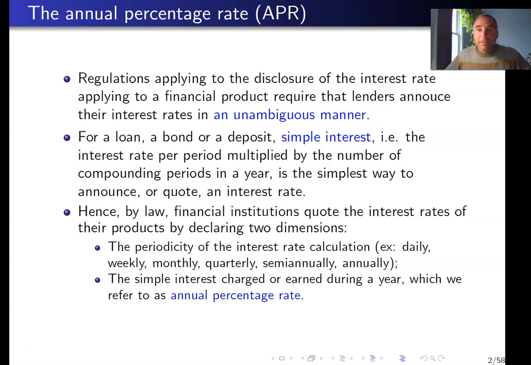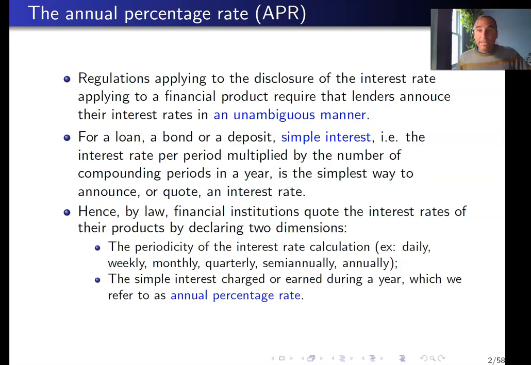Generally the banking sector is heavily regulated, and regulations demand that the provider of funds or any financial institution disclose the interest rate on its financial product in a clear and unambiguous manner. So the simplest way to quote an interest rate is to announce the simple interest that will be earned during a year.